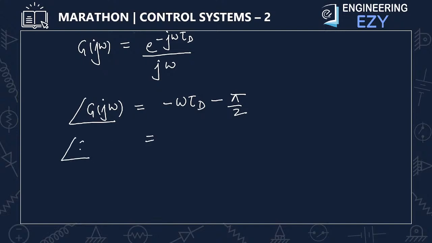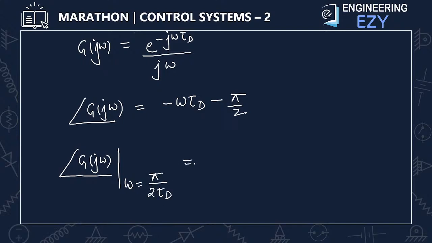And if I calculate the angle at this particular frequency, omega equal to pi by 2 tau d, the angle of G(j omega) at omega equal to pi upon 2 tau d is equal to minus omega multiplied by tau d, minus pi by 2.